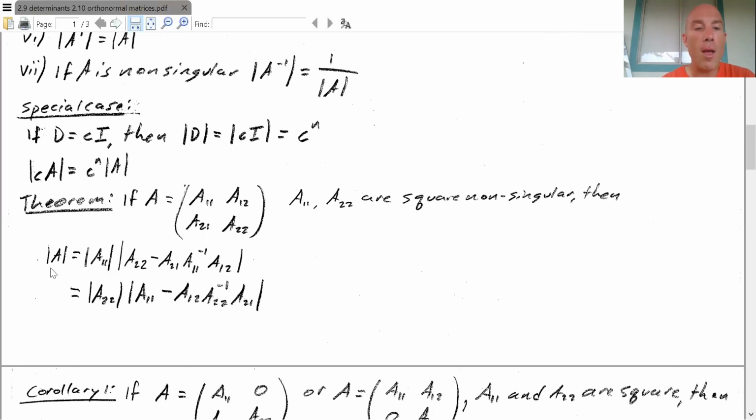Then the determinant of A overall is going to be the determinant of the upper left-hand corner times the determinant that I get from doing this multiplication and subtracting it off from A22. Now, I can switch this up. If I anchor on A22, then the determinant of A22 multiplied by this weird mathematical operation will also give me the same value.